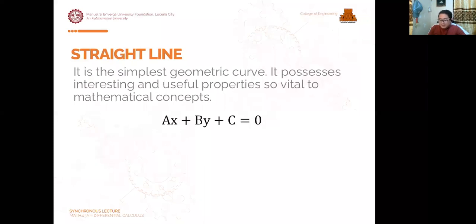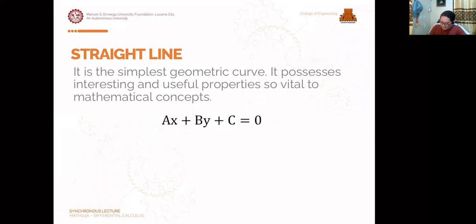Okay? So let's say for this given equation ng line na ax plus by plus c, gusto natin makuha si y in terms ng lahat ng variable na yon. So what we can do is transpose yung first term and third term natin to the right hand side of the equation. So let's do that.